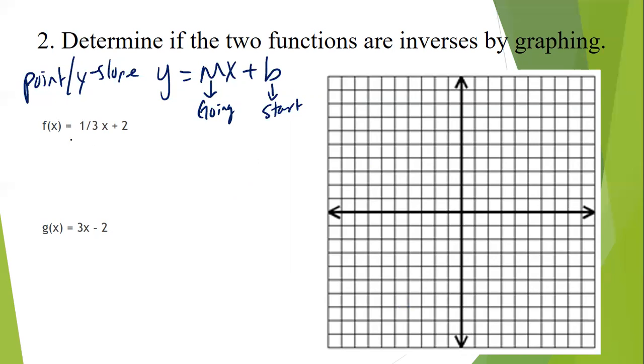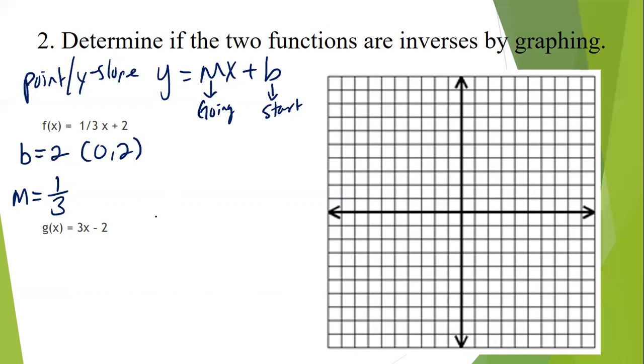Okay? So looking at f of x, what is my b? 2. That means I start at 0, 2. Still with me? This shouldn't sound foreign. My m is 1/3.